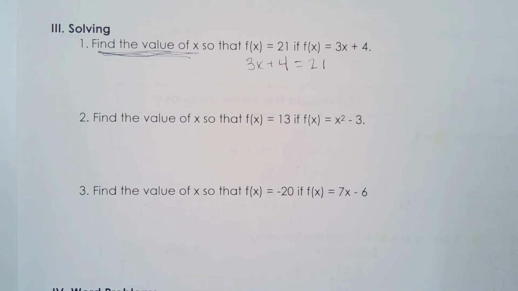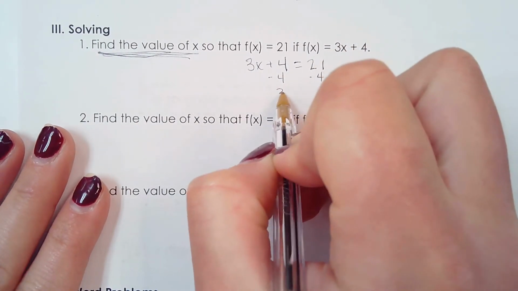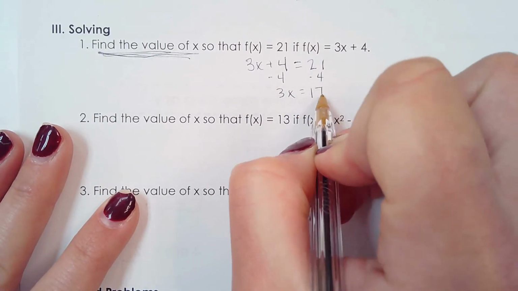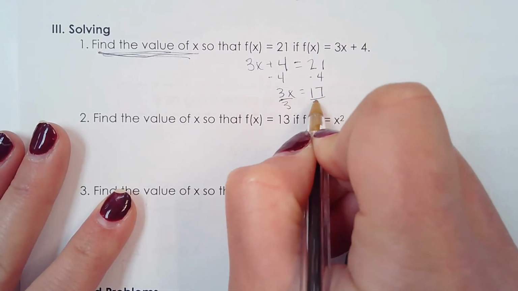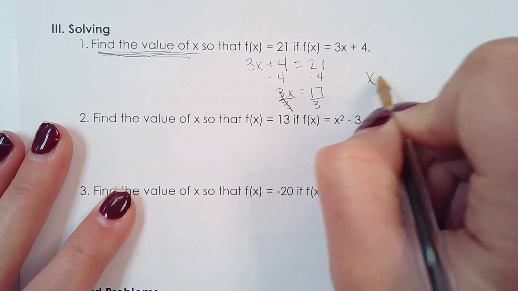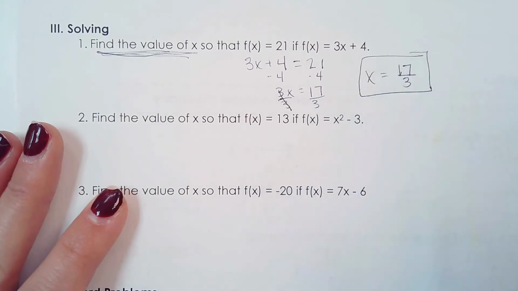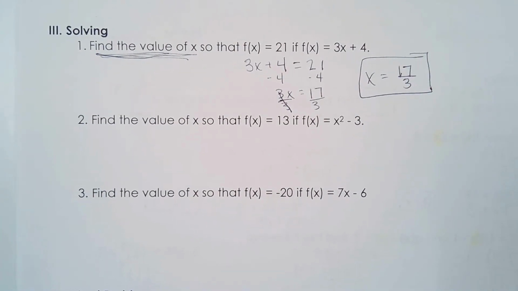How are we going to do that? Minus 4. What's 21 minus 4? 17. And then what's our last step? So x equals 17 over 3. And that's our final answer. Is that okay? Yes, no, maybe?